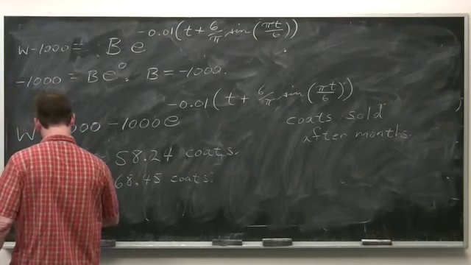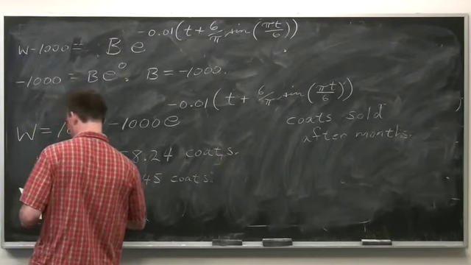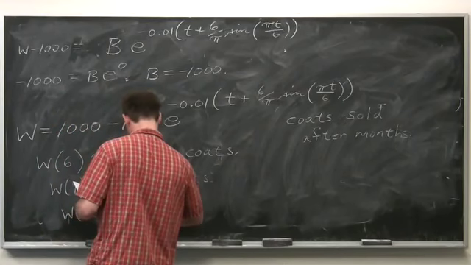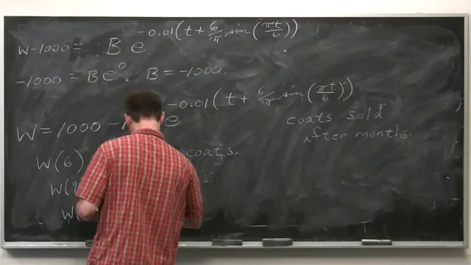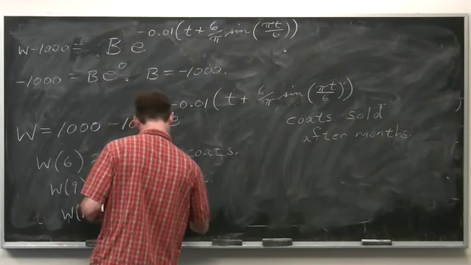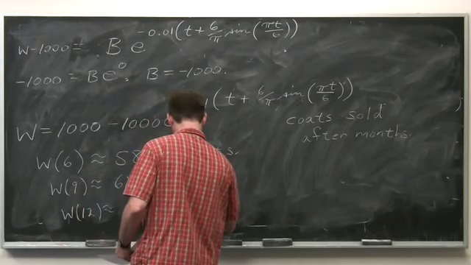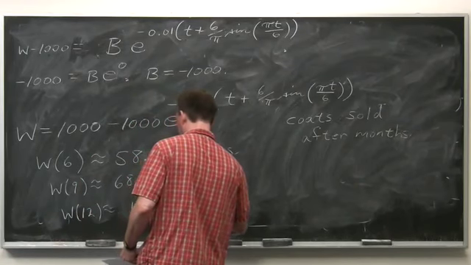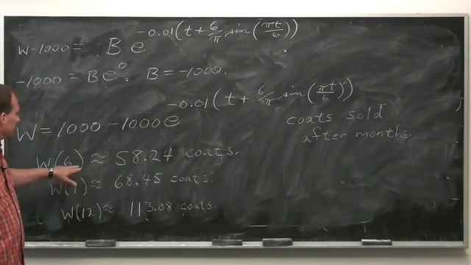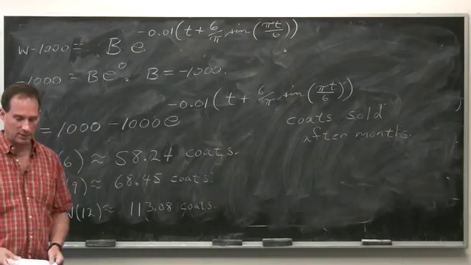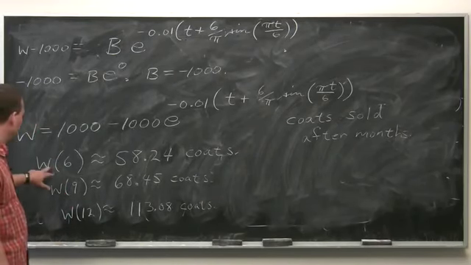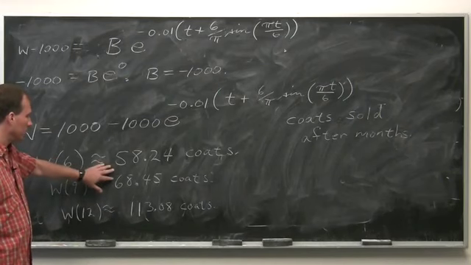And then after a year's gone by, so when t is 12 months, you get 113.08 coats, so almost exactly 113. Which is somewhat less than double what was sold after 6 months. As you see, in the first 3-month period, they sold 10 coats.